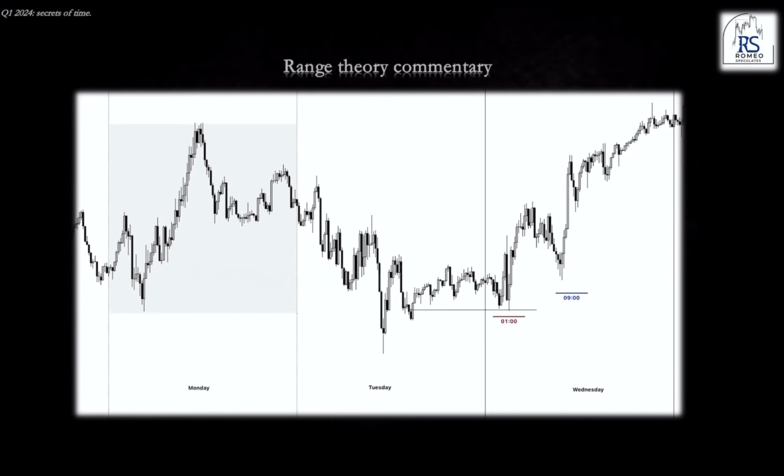Rain's theory commentary. When the daily high and low are formed, then on the 15-minute time frame, you will find a range being souped. All right, this is 3 o'clock. That's one thing to note right now.